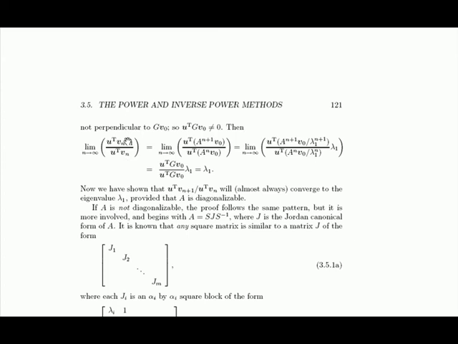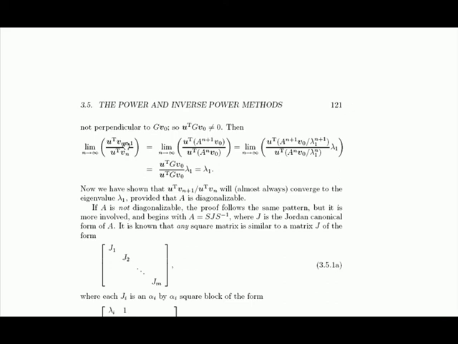And still, vn plus 1 will essentially be lambda 1 times vn. So if you take enough power iterations, each new vector vn plus 1 will essentially be lambda 1 times the previous vector. Since you can't actually divide vectors, well, you almost can, because vn plus 1 is essentially a scalar multiple of vn.